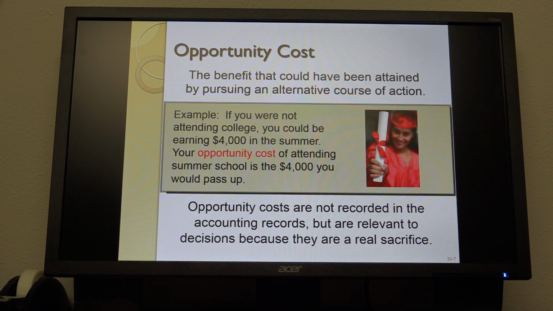You're saying, okay, I'm foregoing this job I could have if I didn't go to school. Let's say the job pays, I don't know, $20,000 a year. And so if you decide, well, I'm not going to take that job, I'm going to go to school, you're giving up the opportunity cost of making $20,000 a year to go to school.